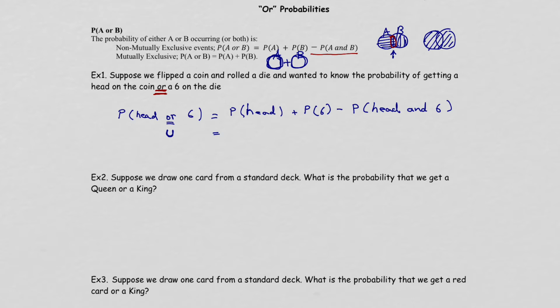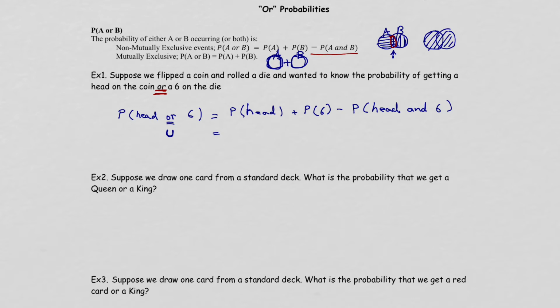So the probability of getting a head is going to be 6 out of 12 outcomes. If I write the outcomes, maybe it's easier for you to see.